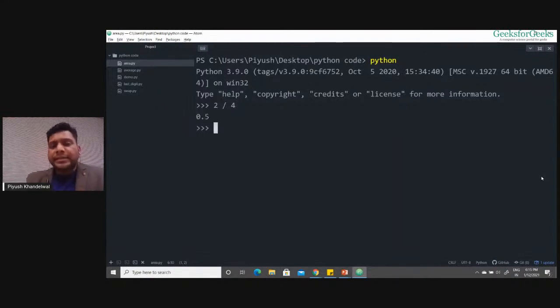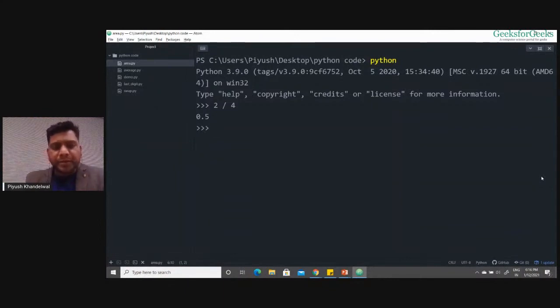It should be 0.5. So if I want to divide, the first number is the numerator, the second operand is the denominator, and this slash symbol is the division symbol, right? So if I want to divide 2 by 4, I'll simply write 2 forward slash 4, and it will give me the expected result, 0.5.